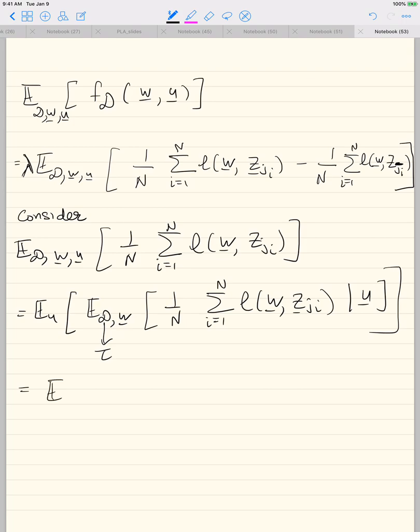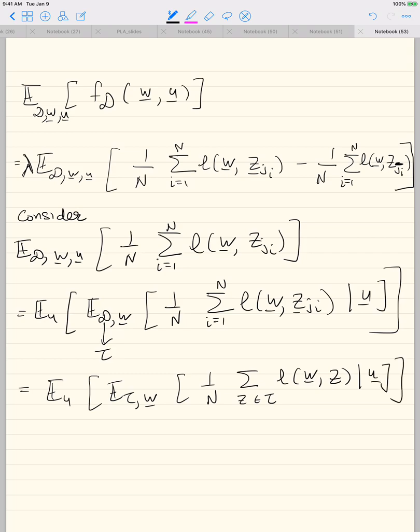And I can write this as E_u of expected value over tau and w of 1 over n, summation over z in tau of L of w and z. You are basically averaging over all the elements in the training set tau now.